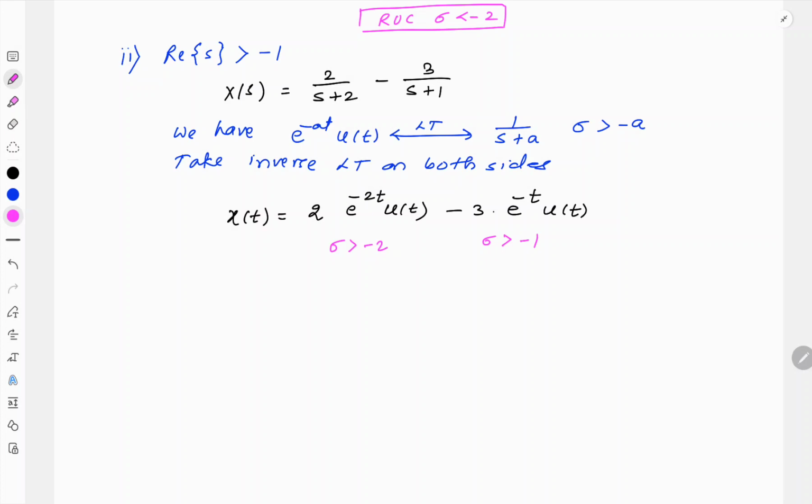So if you look at the common region between these two, RoC is sigma greater than minus 1.